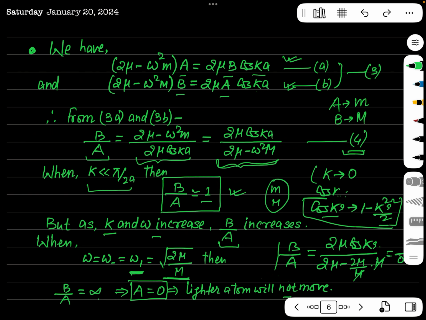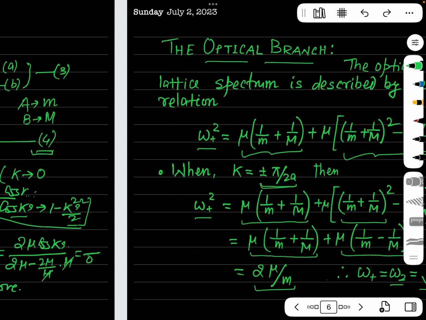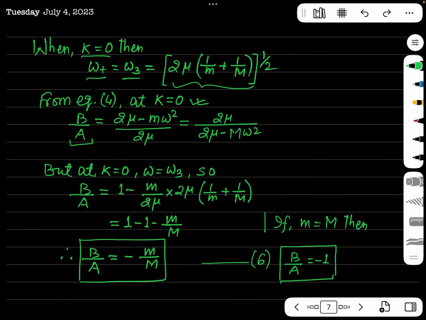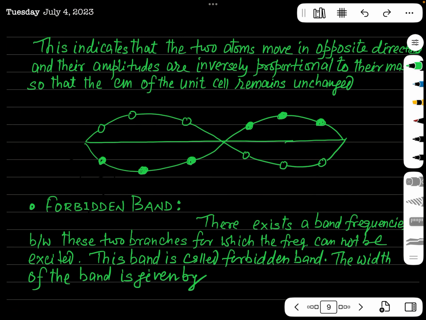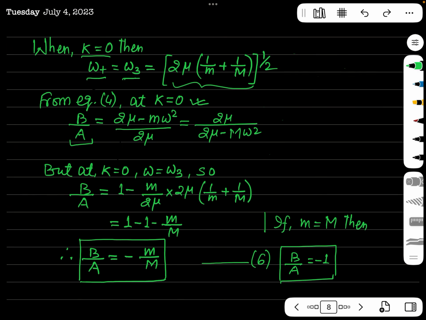You know, when k is 0, cos ka will be 1 because cos 0 is 1. So taking cos ka equal to 1, now you can write the value of b over a. So b over a will be equal to (2 mu minus m omega square) over 2 mu, and that will be equal to 2 mu over (2 mu minus m omega square).